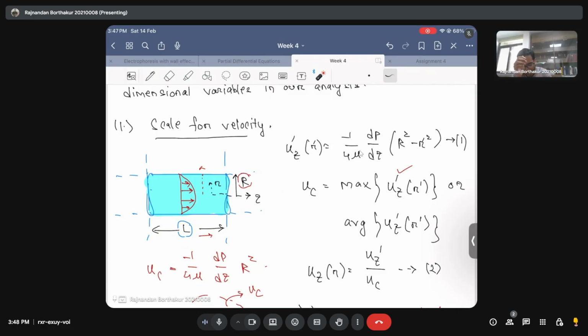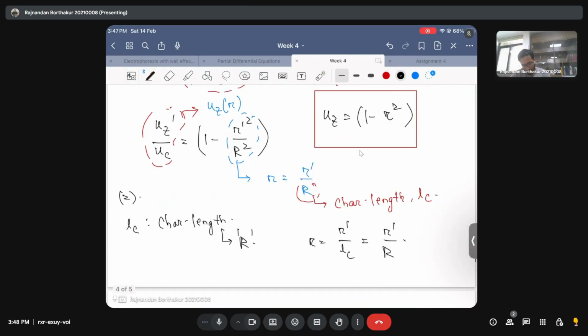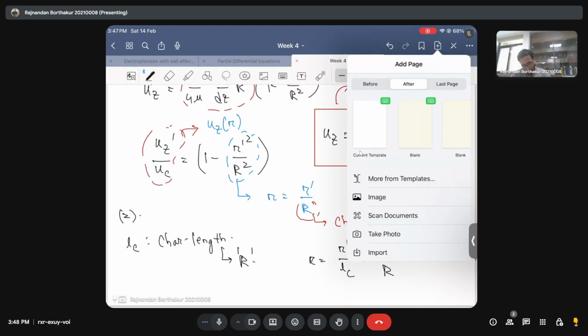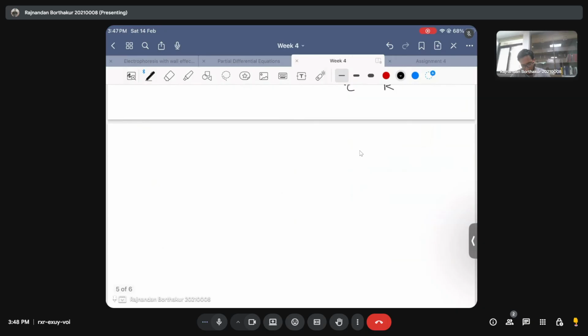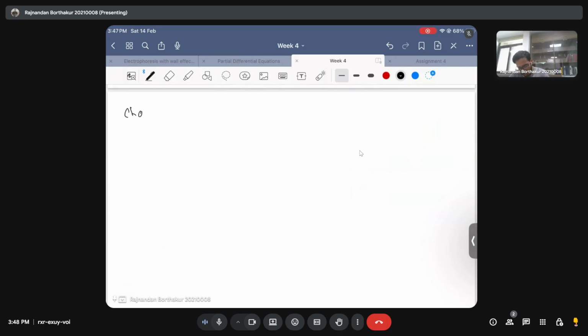Okay, so I'll write down here that choosing L, which is the length of the pipe, instead of R, which is the radius of the pipe, is not a correct choice of characteristic length.